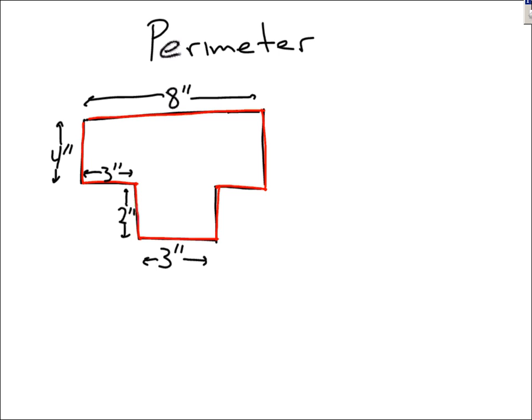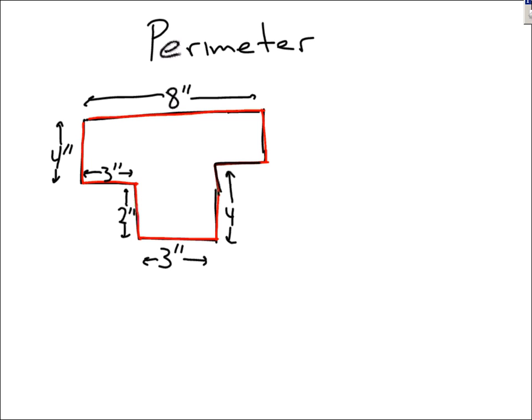Just change the way this looks a little bit, make it a little bit harder. Suppose it goes like that. And you're told that that's 4 inches. And of course, that would be part of the perimeter as well. Now, the question here is, what's the perimeter?